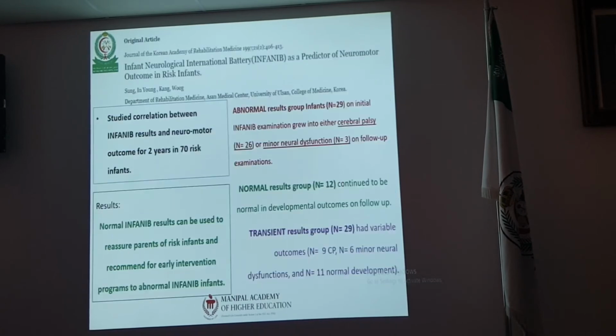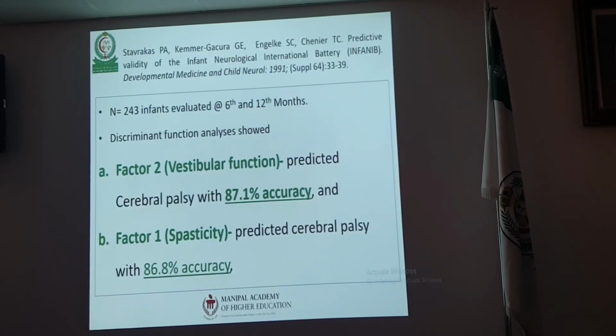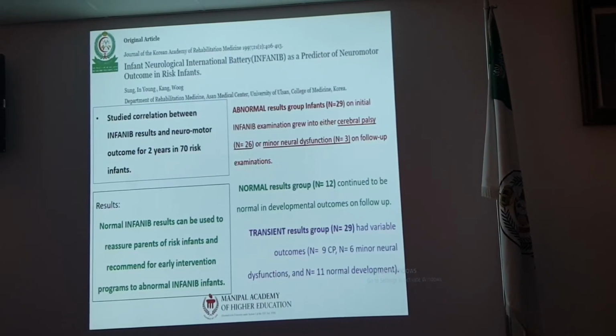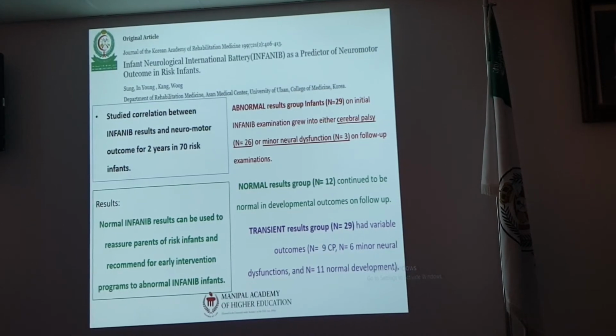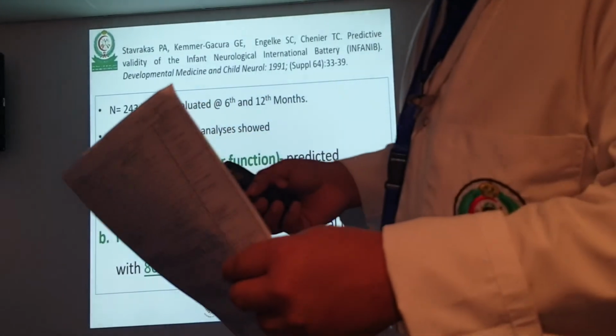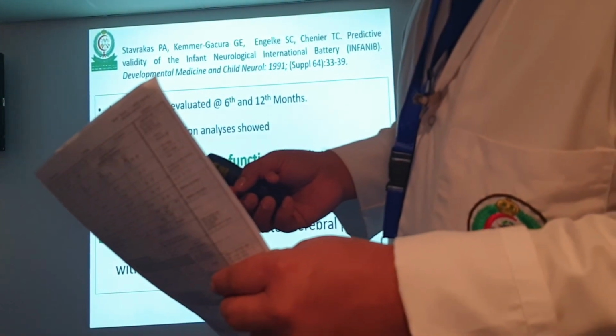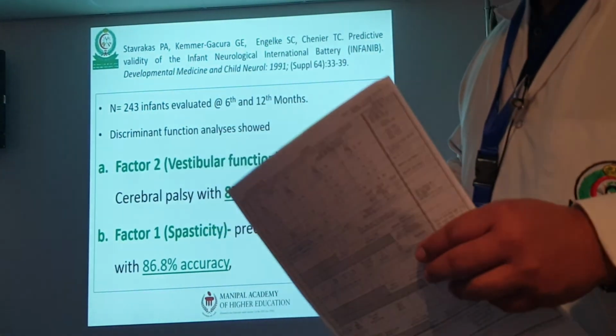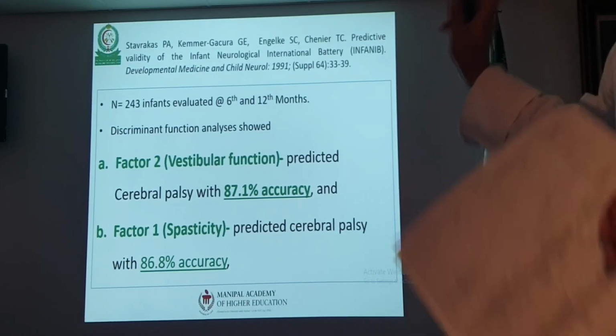Same probability percentage. This is a study in Korea, 1997. Sorry, doctor, is it factor 3 or factor 2? Because previously you said predictive validity: factor 1 is 86, factor 2 is 87. Others cannot. This is specific to cerebral palsy.